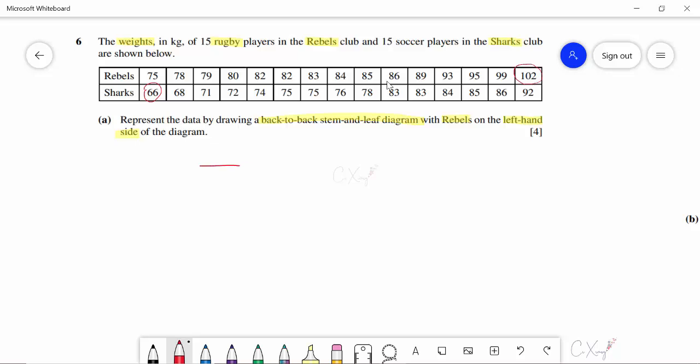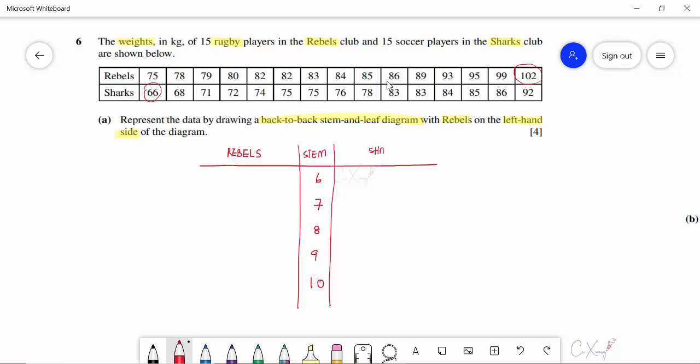So the lowest stem value should be 6 and the largest stem value should go until 10, since 102 has stem 10. So you can put it like this: the stem starts from value 6, then you have 7, 8, 9, 10. They already mentioned that the Rebels group should be on the left-hand side, so Rebels is here, and of course the Sharks will be on the right.